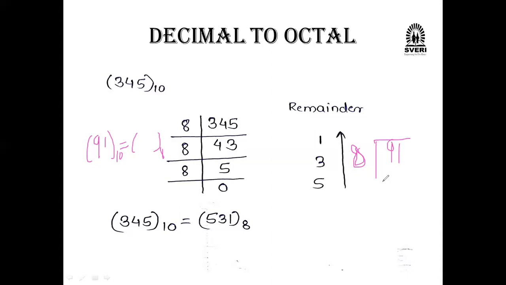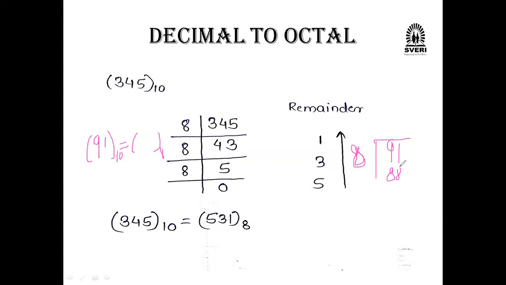Here 91 is there. 8 into, I think 11 we can use. 8 into 11, how much is it? 88. We can use 88 here now. 8 into 12 how much? 96.